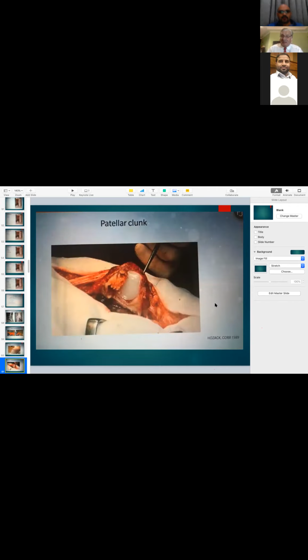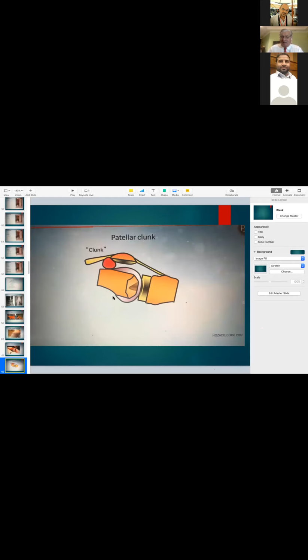What about the patellar clunk? A lot of patients come, especially when we are not resurfacing the patella, saying something, giving way, a pop, or a clicky sensation there. For a patella which is not resurfaced, it is a natural phenomenon. This clunk, if you observe it, is anterior to the patella. The mechanism: it is coming from under the patella.